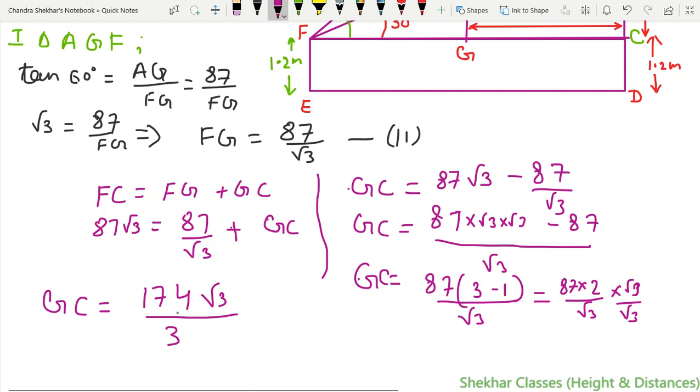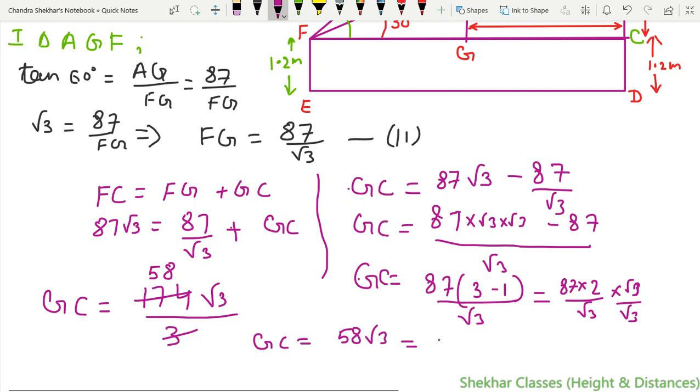So can we divide? Yes. 3 twos are 6 and 3 nines are 27, so it will get cancelled here. So that comes finally as GC equal to 58 root 3, and furthermore if we want we can multiply that 58 into 1.732, so that comes as 100.456, basically 100.5 meter.